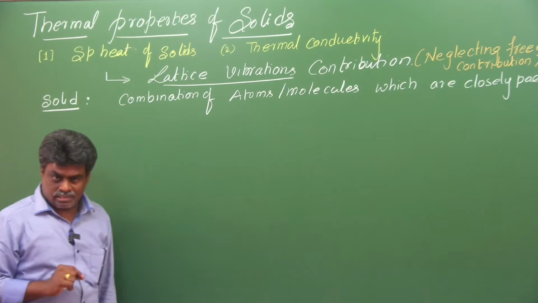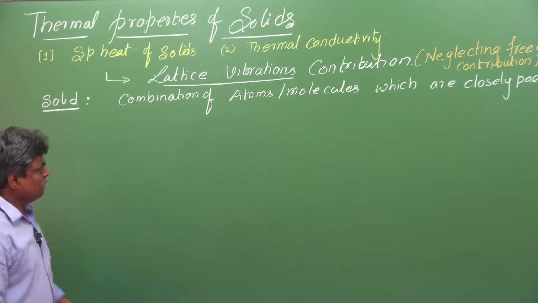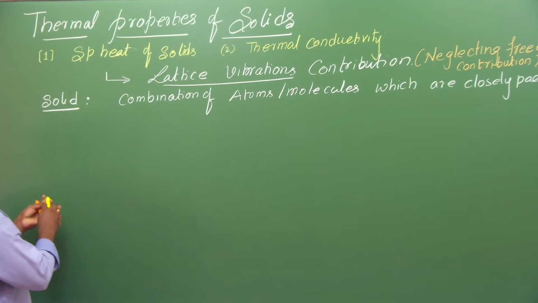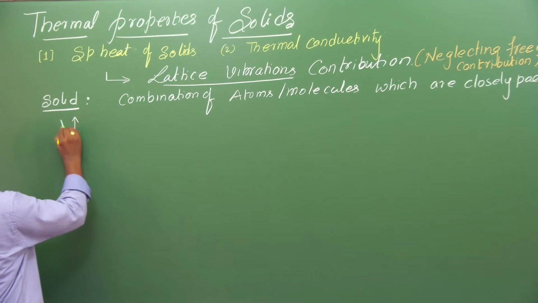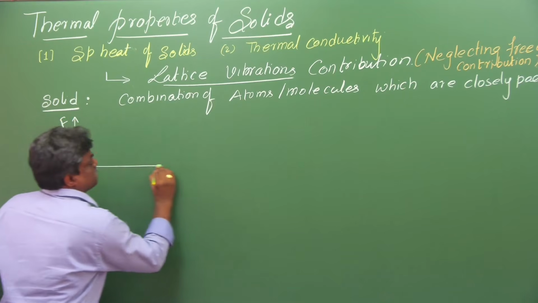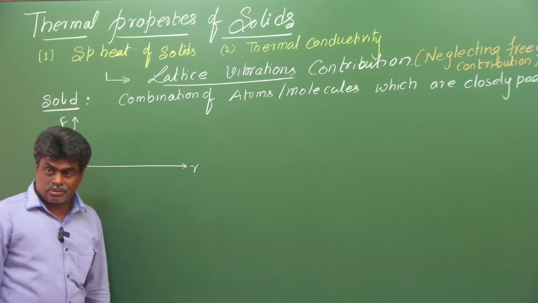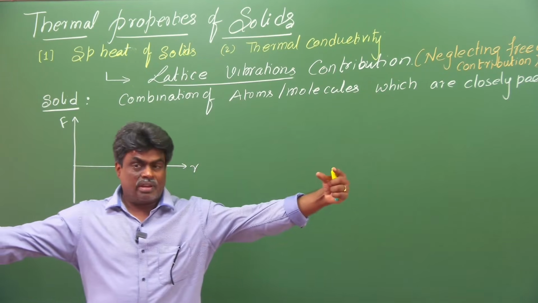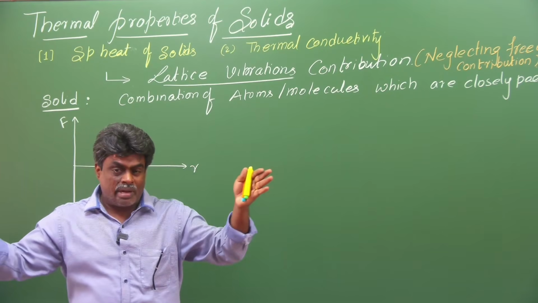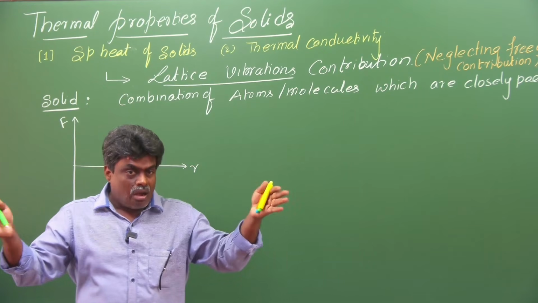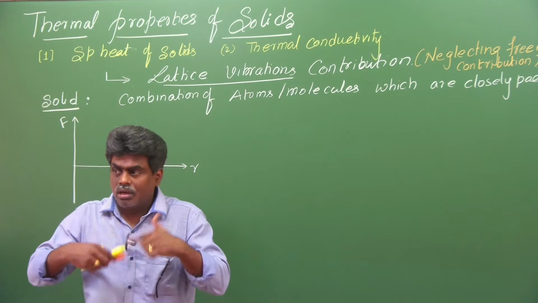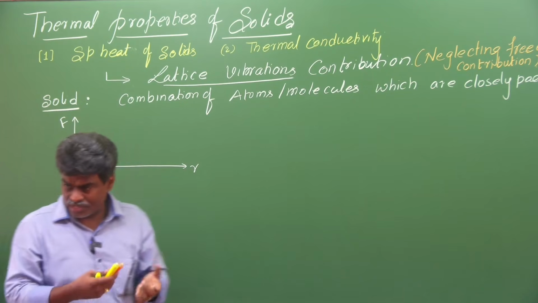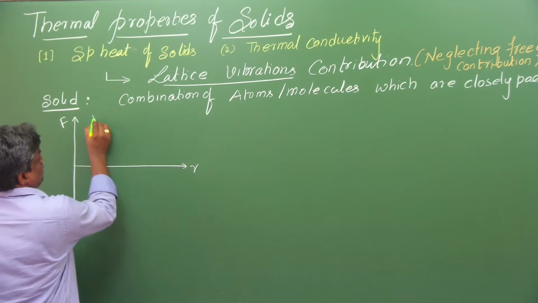First let us discuss how they are packed closely. Consider the graph, where this is the force and this is the separation between the atoms. Whenever two atoms are very far away, the attractive force is dominating. After coming to a short distance, at the equilibrium separation, the repulsive force becomes dominant.